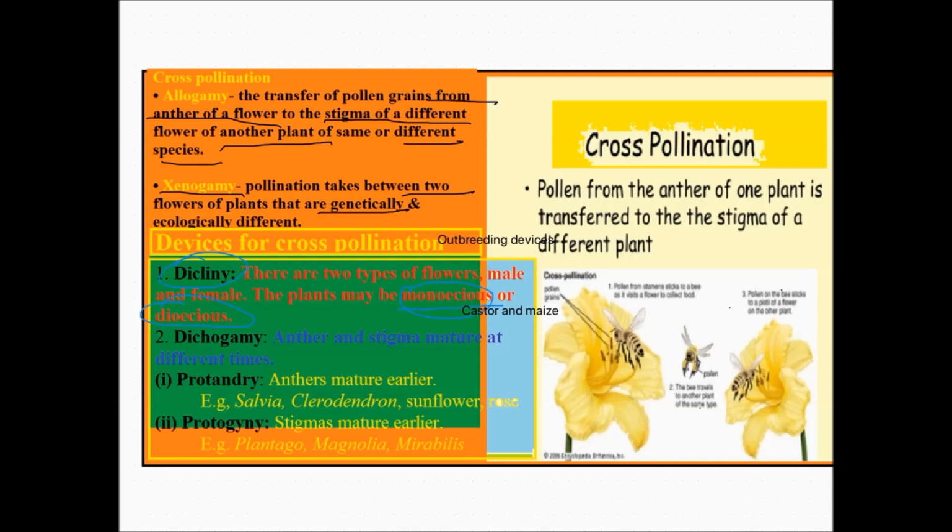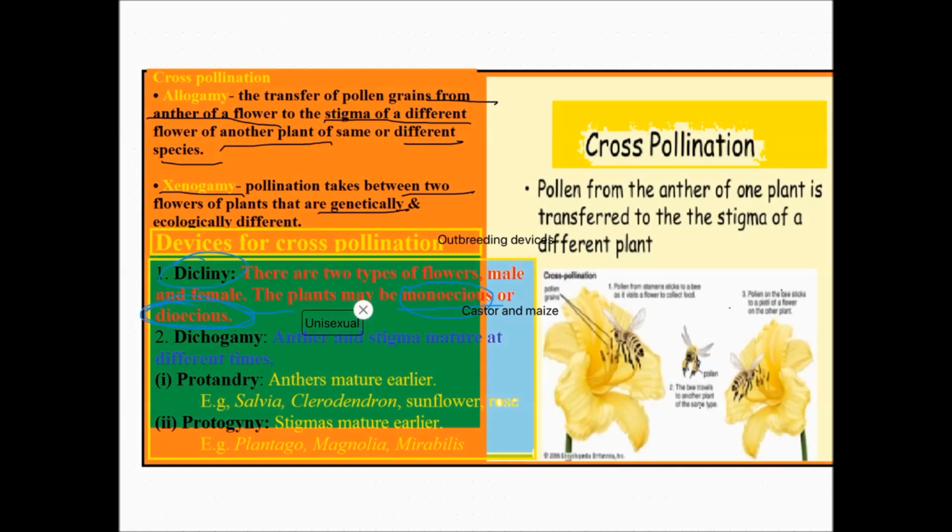Dioecious means both male and female flowers are present on two different plants. That means one plant has either male flowers or female flowers. That means there will compulsorily be cross pollination.